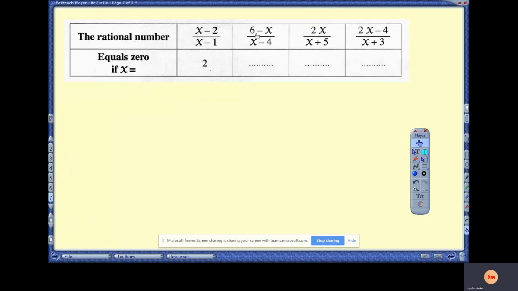And here, 6 minus x over x minus 4, you will put 6 minus x equals 0. Then negative x equals -6, 0 minus 6 equals -6, then x equals 6.